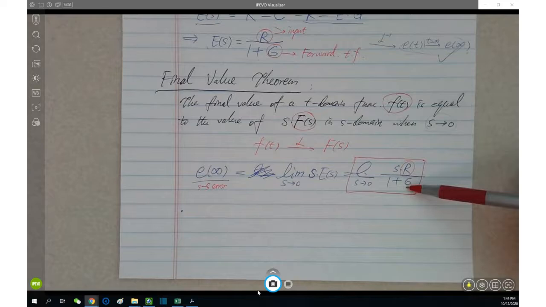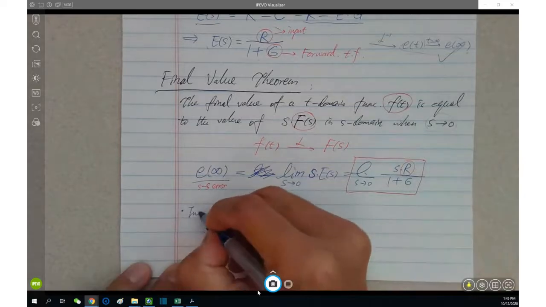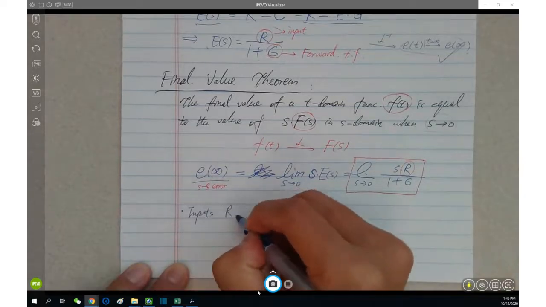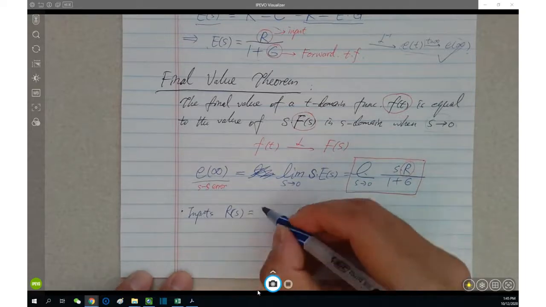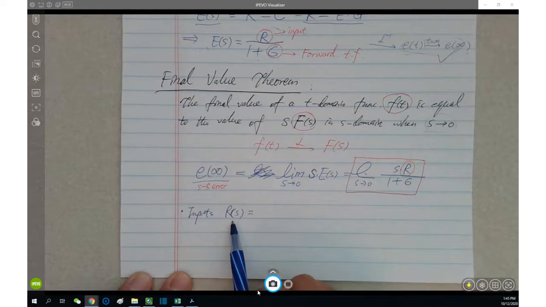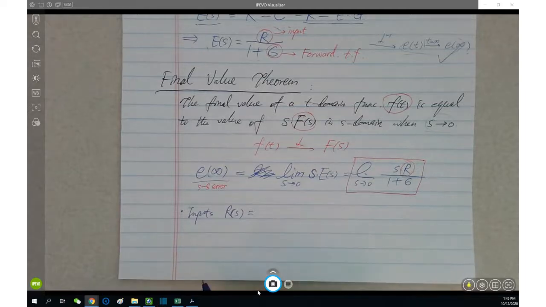So the input R of s, because this is the s domain, could be like the impulse, the step, the ramp, parabolic, right?